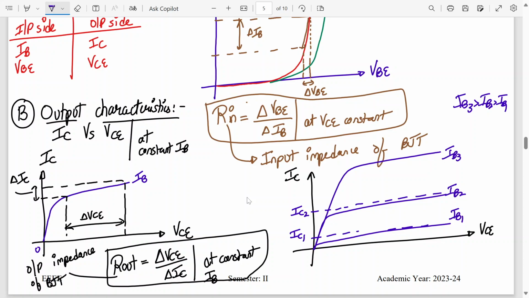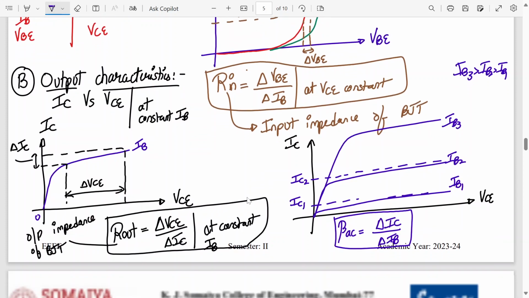So IC2 minus IC1 divided by IB2 minus IB1 will give me beta AC. So beta AC will be delta IC upon delta IB. So this is delta IB, this is delta IC.